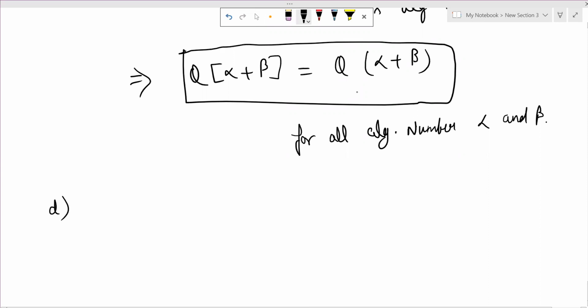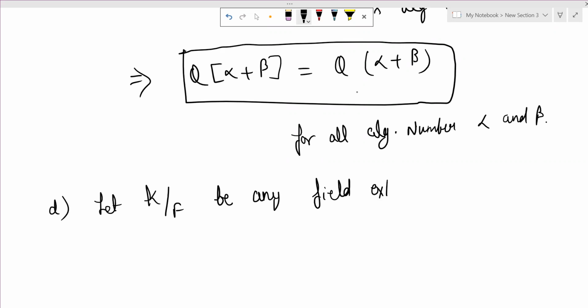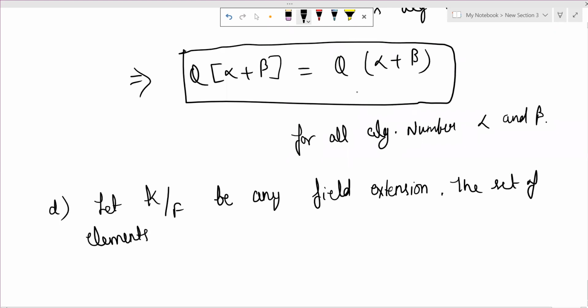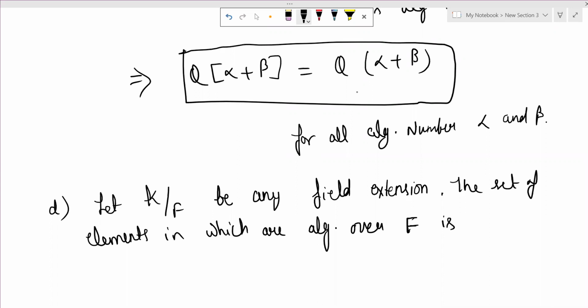Let K over F be any field extension. The set of elements in K which are algebraic over F forms a subfield of K. This is a slight generalization of the part C exercise.